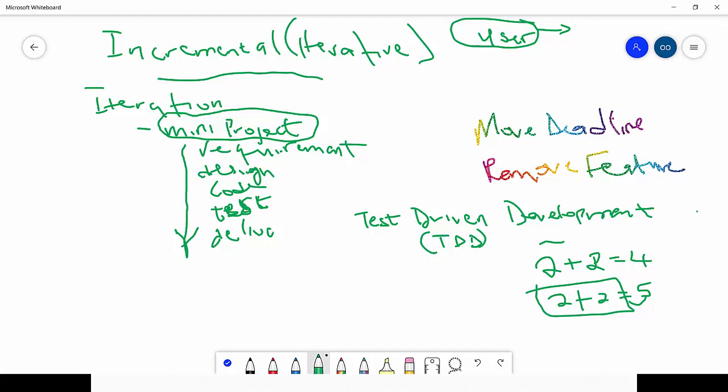Okay, so you write tests before code, you release your product frequently, then your customer is highly involved in the project. Because you are working in an Agile methodology, you cannot wait for a letter written to the customer or a phone call to the customer.